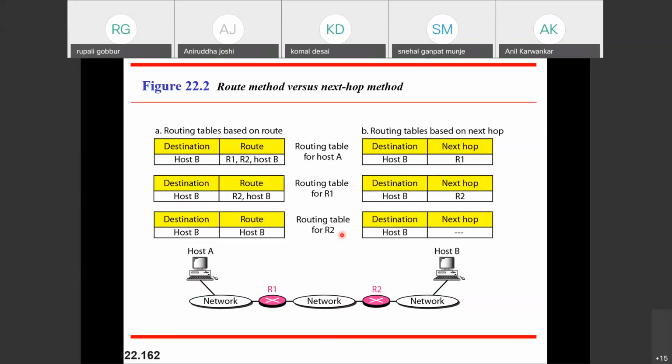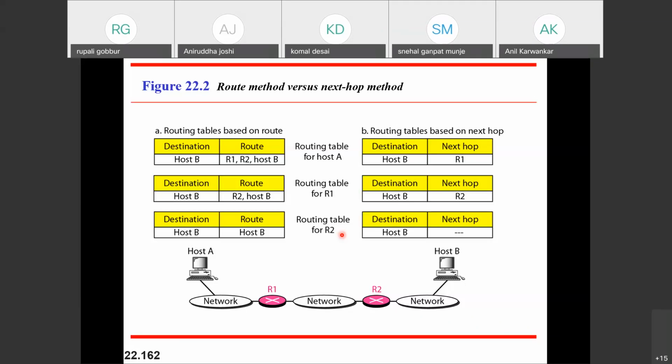Make this very, very clear, the concept of routing table. The routing tables are based on the route. Destination is host B. The route is R1, R2 and host B. In between we have router 1, router 2, and host B is connected to router 2.